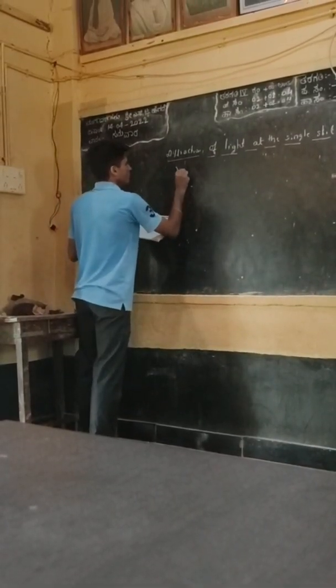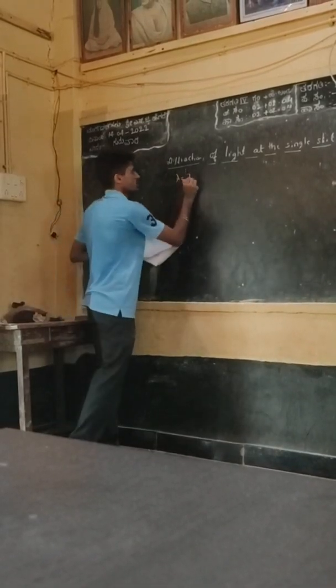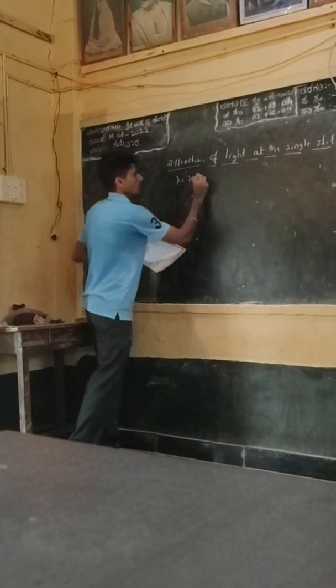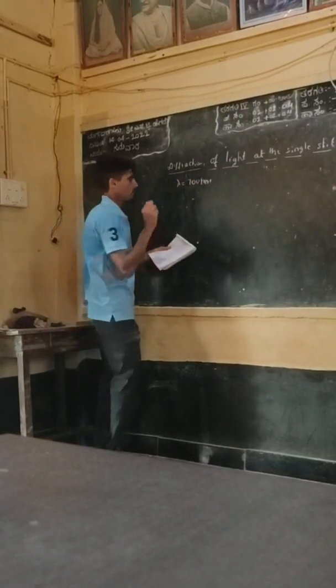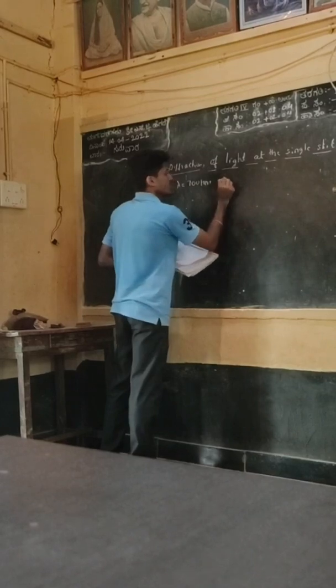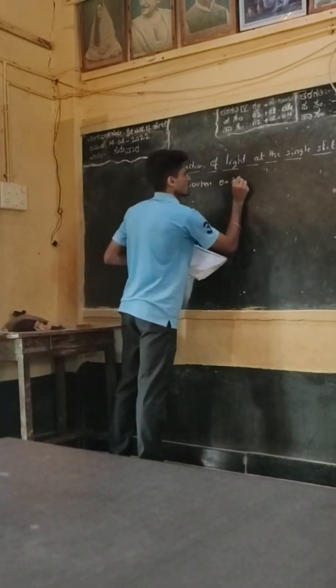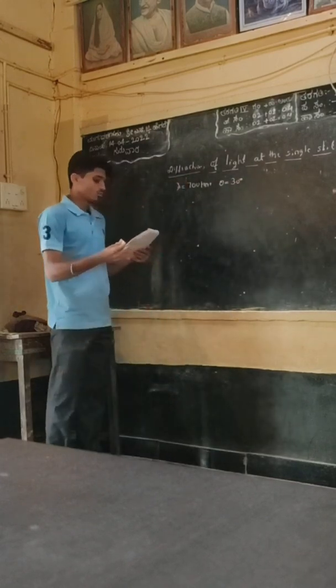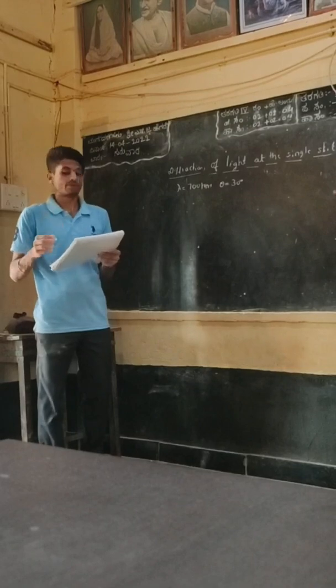The wavelength of light for the Fraunhofer diffraction is 700 nanometer and the angle of diffraction is 30 degrees, and we have to find out the slit width here.